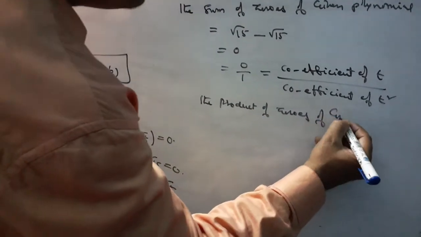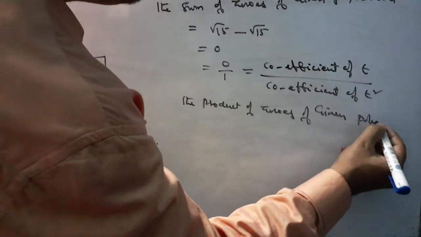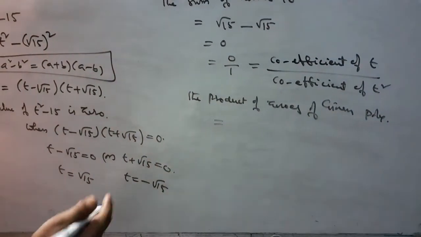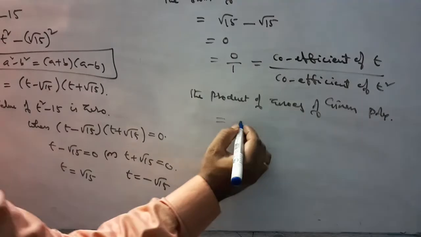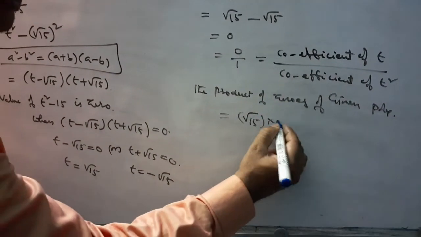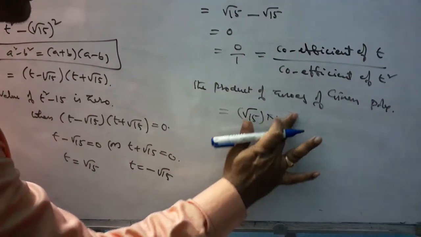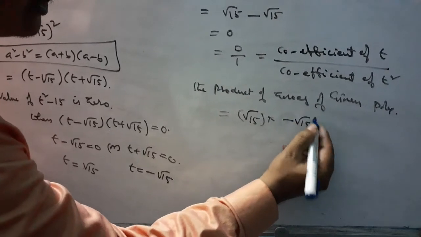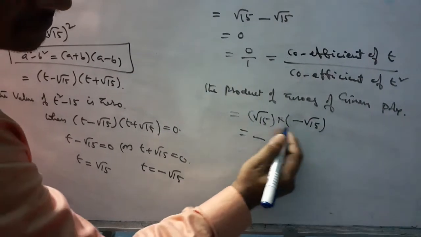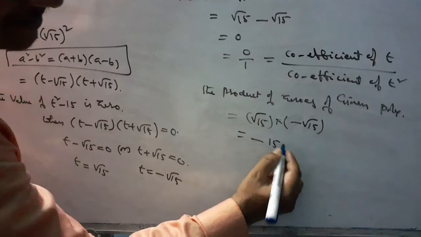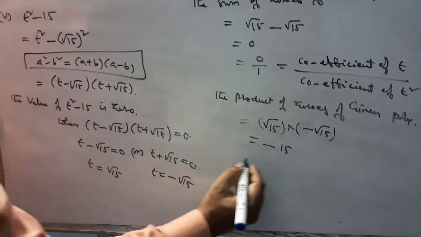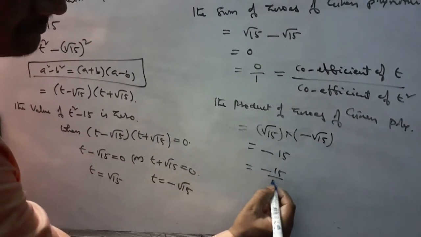Next, the product of the zeros of the given polynomial is root 15 into minus root 15, so we will get minus 15. Minus 15 we can write as minus 15 by 1.